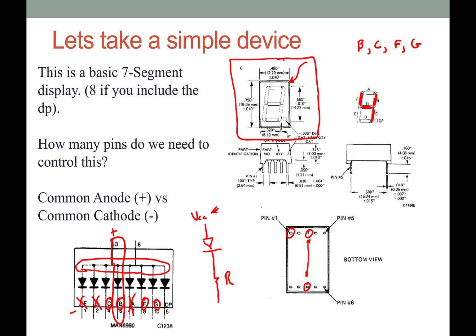So anyways, we put the resistor there to limit current, and then down here at pin 5, we can have it tied itself to a high, which would be basically VCC in the first place right here.